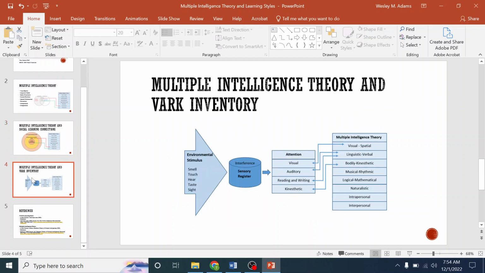And now I want to talk about VARK, so visual, auditory, reading and writing, and kinesthetic, and how it relates to multiple intelligence theory. All it is is a simplification of multiple intelligence theory. You can see that musical rhythmic has been taken out, logical mathematical has kind of been taken out of the steps. Naturalistic is out of the process.